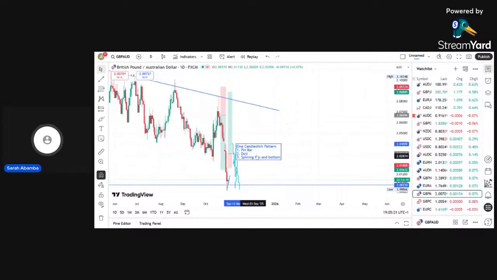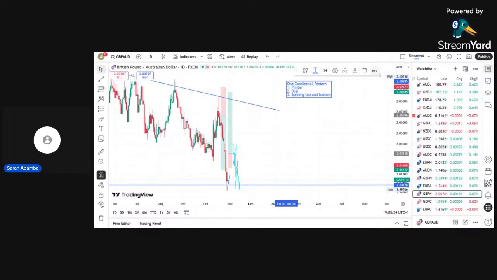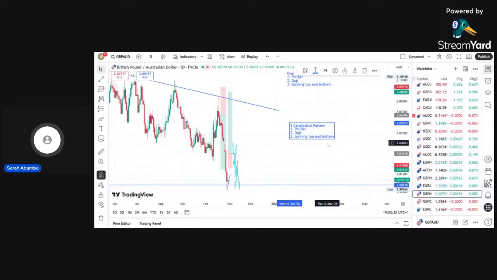So the next pattern we'll be looking at will now be a three candlestick pattern. Another three candlestick pattern we have. I only teach one; we have others but there's only one I trade, and that one is the star pattern. Star pattern has a very high success rate. This is the only one I trade.